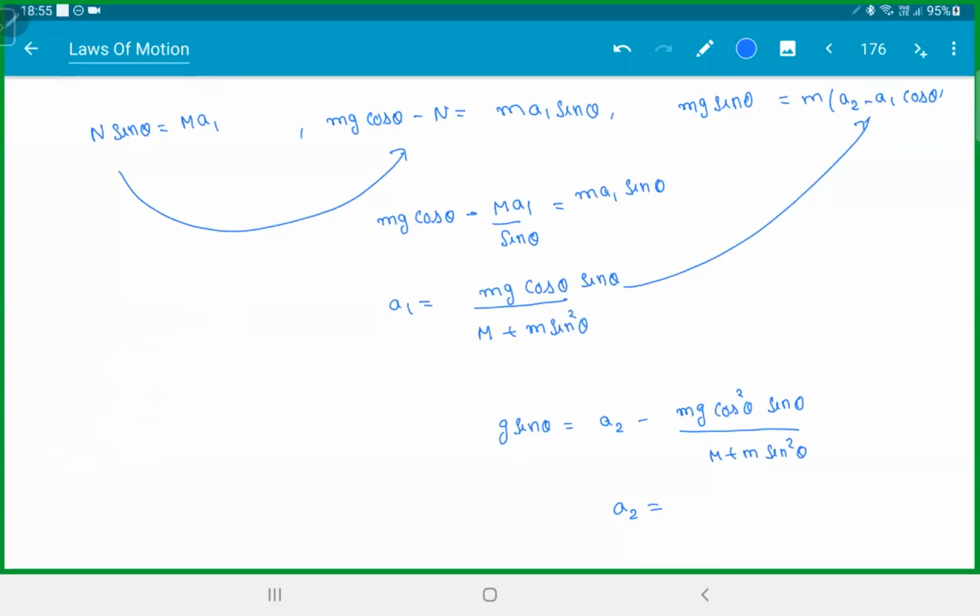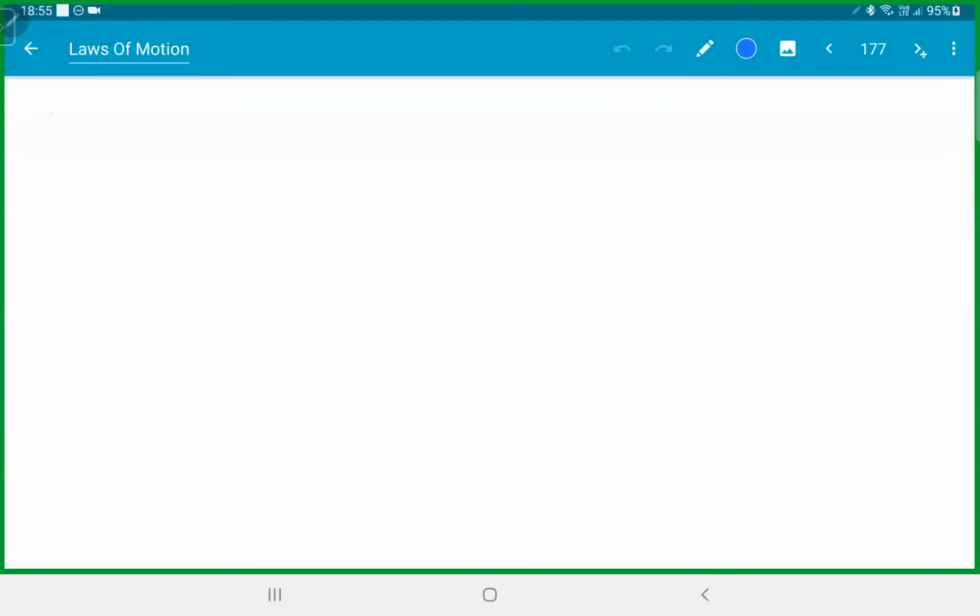Clear? So if I try to do this with pseudo force, the moment you say pseudo force, you're keeping the observer here. Nothing will change, everything will look the same. So my observer is here now. If you ask him to draw the FBD, this is what he will say. This is going with A1.